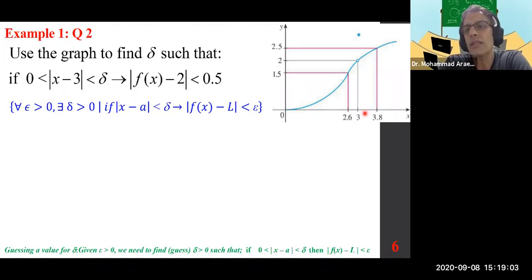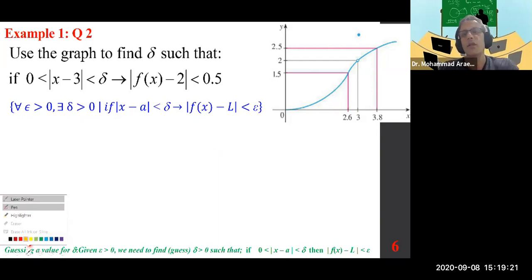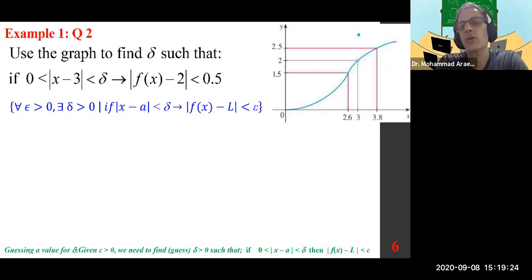I hope you see that for the delta, if you look at number 3, the distance from 3 to 3.8, that's one choice. That means 0.8. 2.6 to 3 is another choice, which is 0.4. So if you have those two choices, let me discuss that from the point of view of the graph so you can see that. If you look at this distance, it is 0.8.